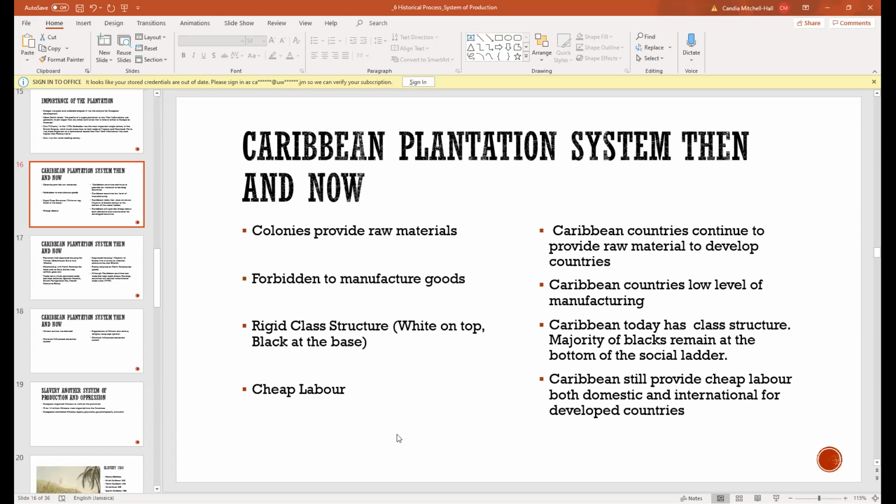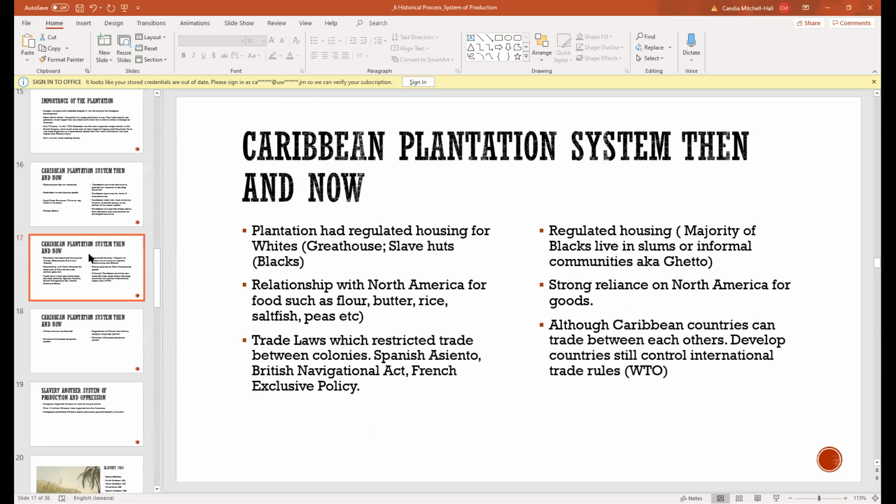If you check most of our people that migrate, they go and work as domestics for very cheap. Even when they go and work as teachers and nurses and police officers, they are not paid the same rate as the whites in those societies.